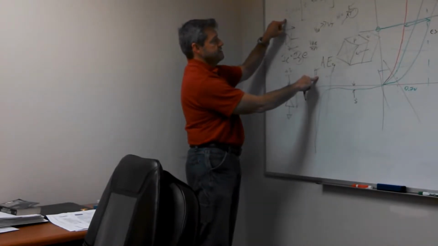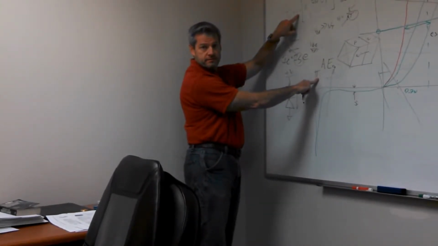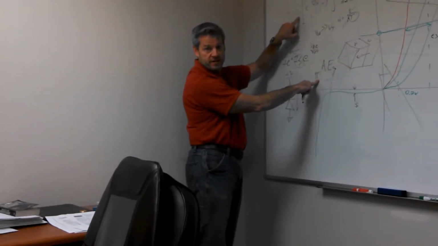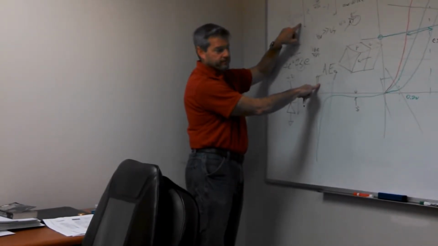Your IC is whatever this is multiplied by IS, so IS becomes the dominating factor. It's the multiplier on everything.